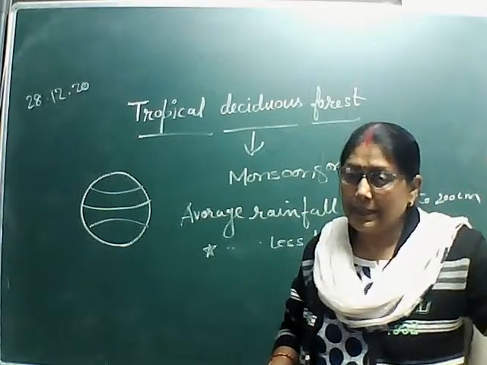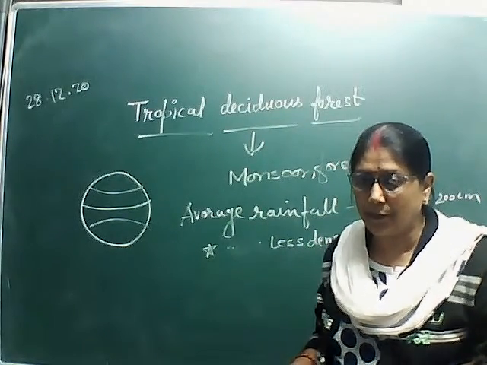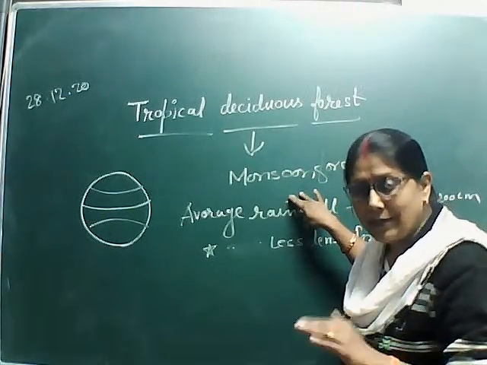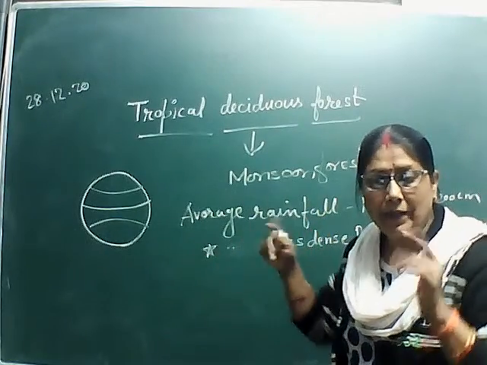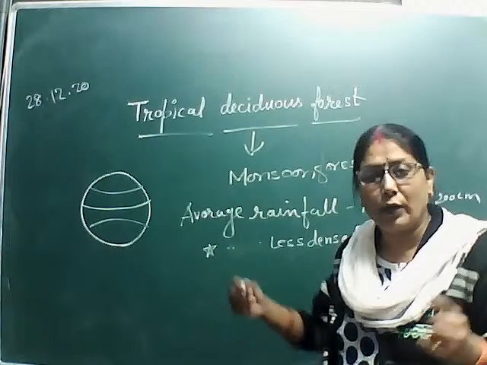Okay, tropical rainforest sheds its leaves not at a fixed period of time. But tropical deciduous forest sheds its leaves at a fixed period of time. There is a fixed time in which the trees drop their leaves and new leaves come.